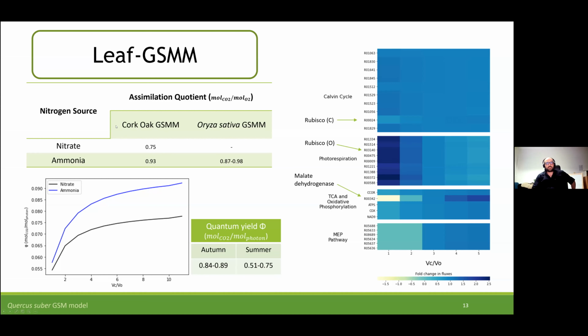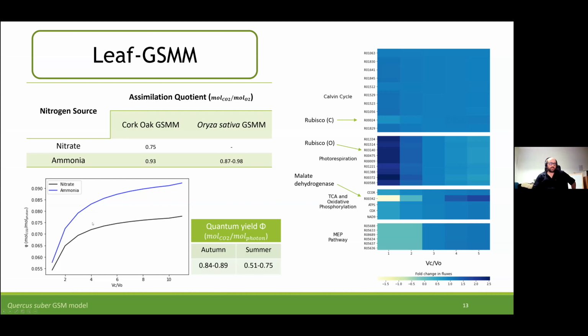So this is a parameter that allows us to see how much carbon is assimilated by oxygen that is produced, and it is expected that more carbon is assimilated when using ammonia as a nitrogen source. We have here one of the Oryza sativa models, the rice model, which also has their photosynthetic quotient available for the different analyses that they perform, and their quotients are between 0.87 and 0.98.